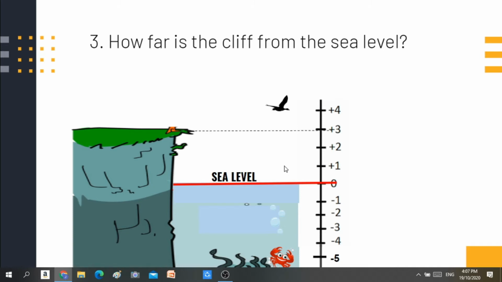Diba? So, meaning to say, how many feet is the distance of the cliff from the sea level? So, let's count. We have 1, 2, 3 steps, meaning to say, we have 3 units or 3 feet. So, the distance between the sea level and the cliff is 3 feet.